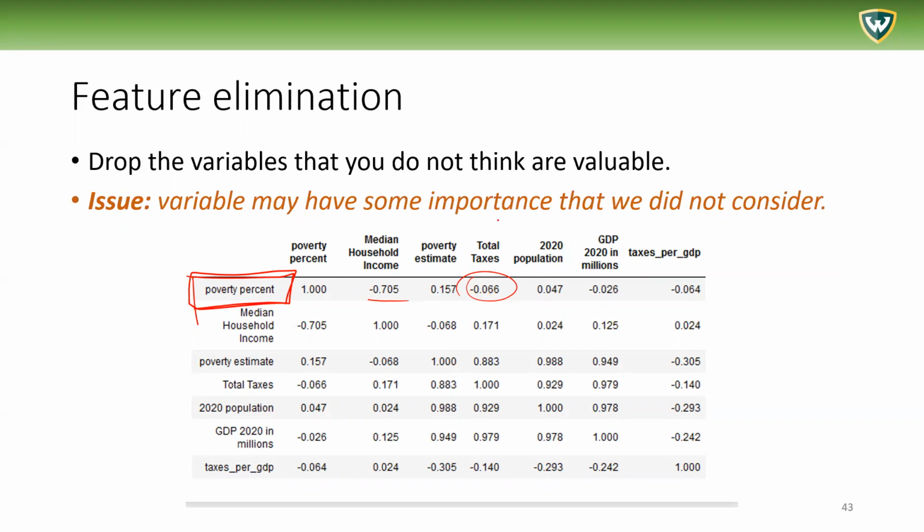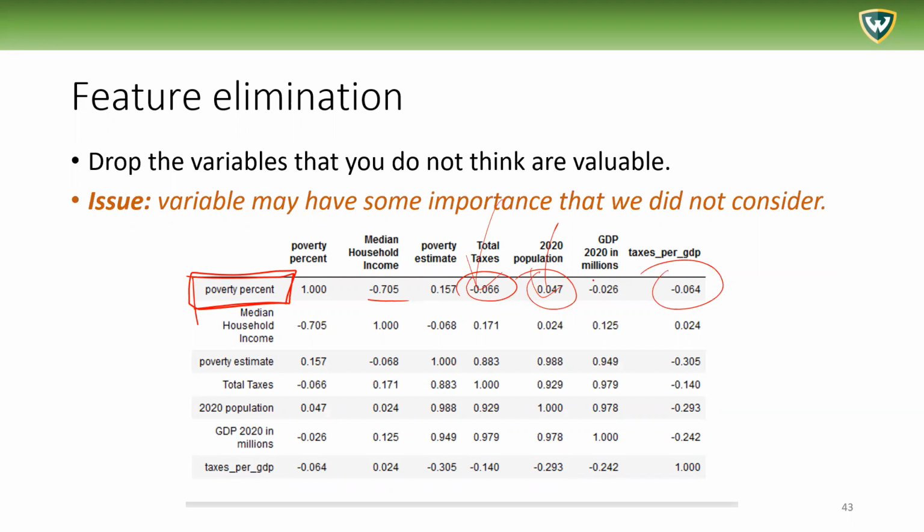So we may start eliminating this variable if we want to create a model to explain poverty levels in US states. Same here for population. The higher the population, not necessarily the higher the poverty percent. Not related. Maybe you need to drop it. Same thing for taxes and for GDP.